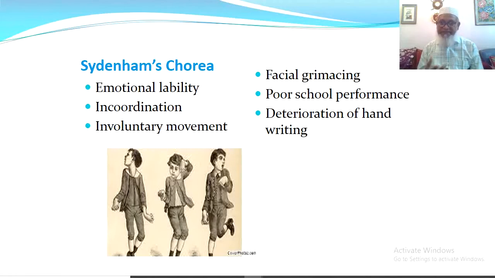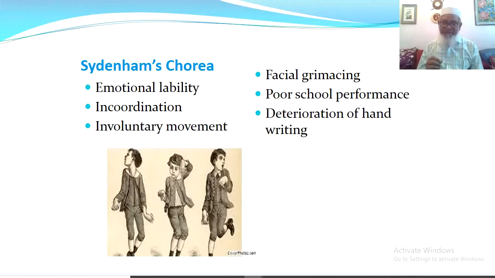When involuntary movements affect the face, you get facial grimacing, and it is socially embarrassing, because when a child or young adult makes grimaces, others may feel embarrassed. School performance will be poor, and handwriting deteriorates.